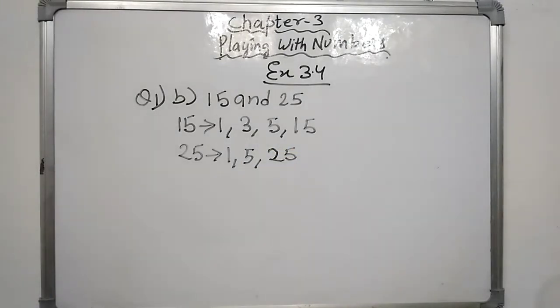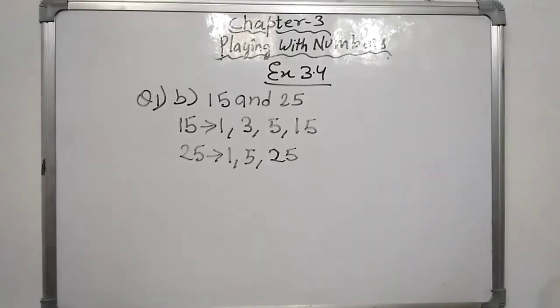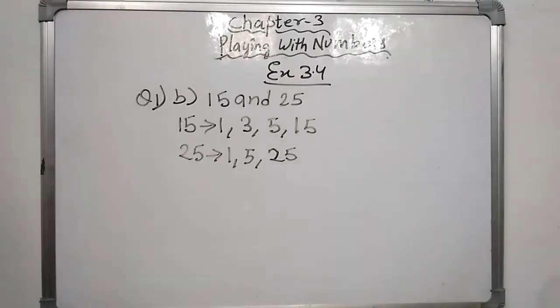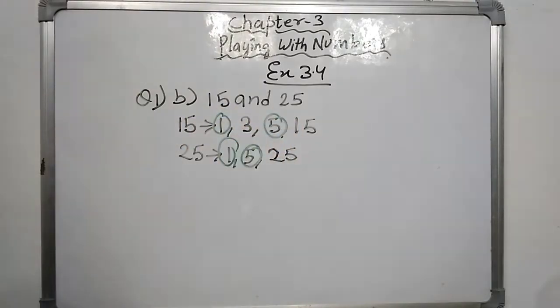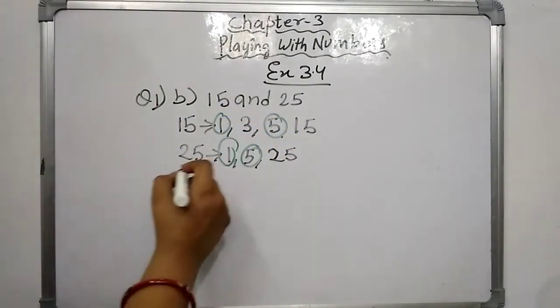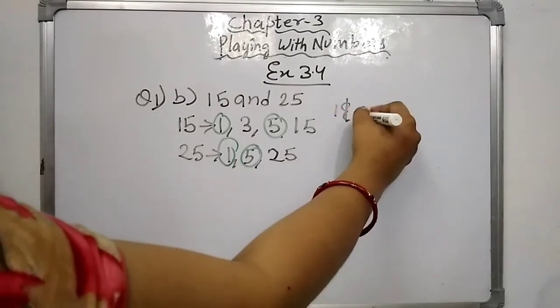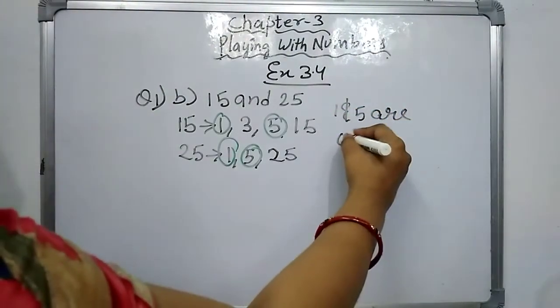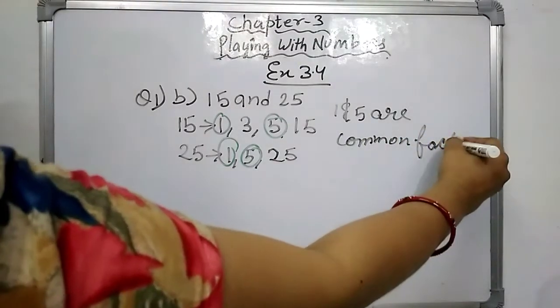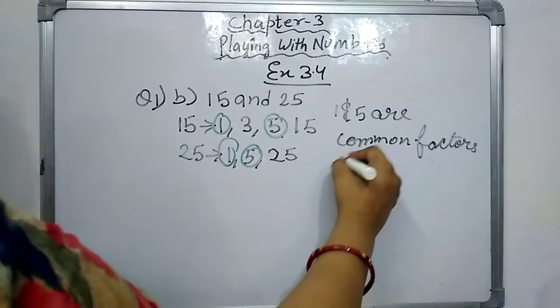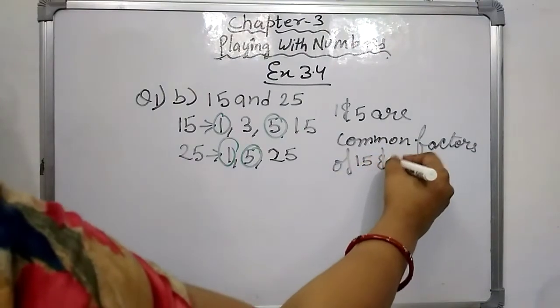These are factors of 15 and 25. Now common factors are 1 and 5. So 1 and 5 are common factors of 15 and 25.